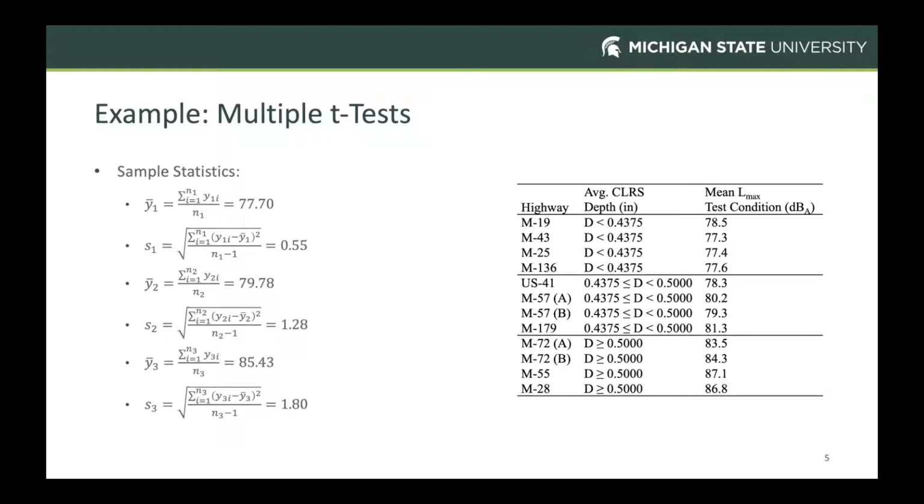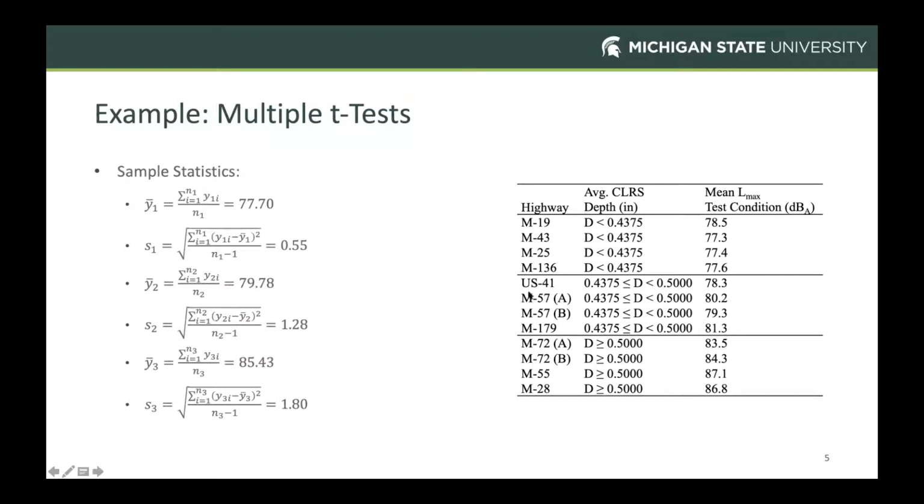And so what we see right here, for each of these individual groups, we can calculate what the average noise levels are, and we can also calculate the standard deviation of those respective noise levels. And so that information is all presented right here. The first group of sites, so this would be the groups that had the lowest rumble strip depths, showed average noise levels of 77.7 decibels.